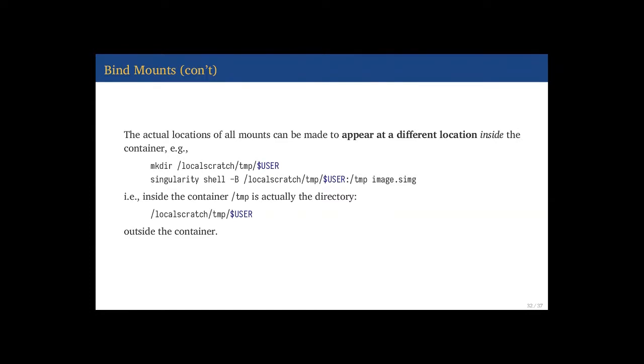Now what I can do is run my Singularity image, saying singularity shell. I'm going to use it interactively, or you could use exec. But I put -B, and I put that path, /localscratch/temp/Preney, colon, that colon's important, /tmp. Now what does that do?